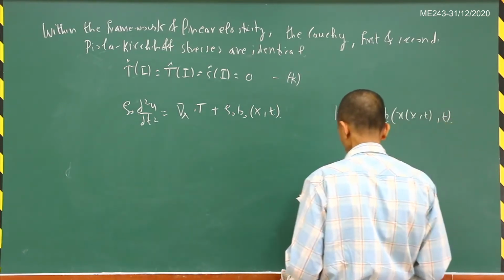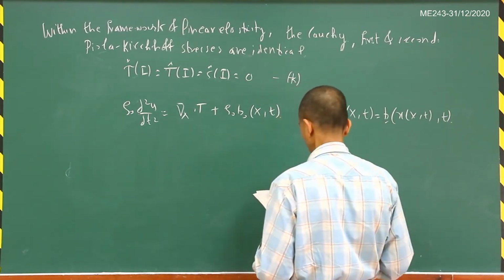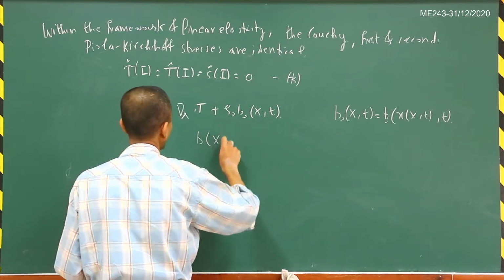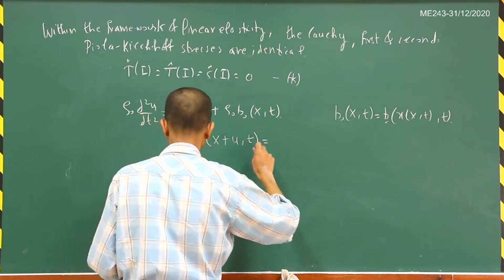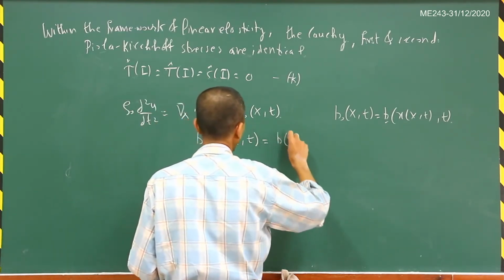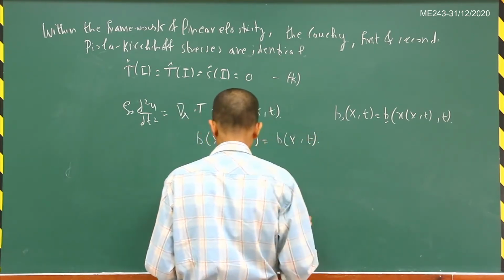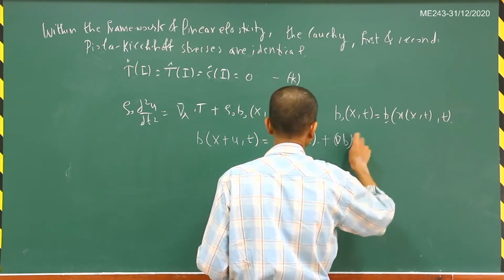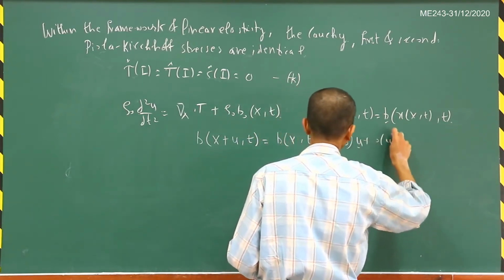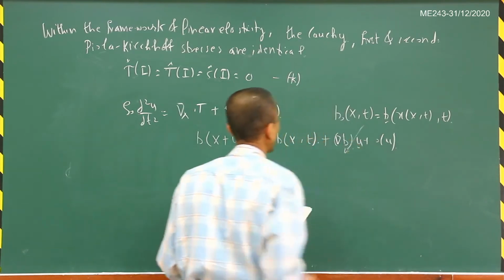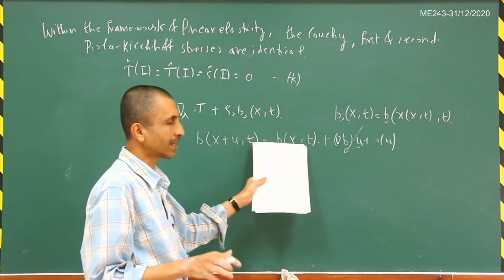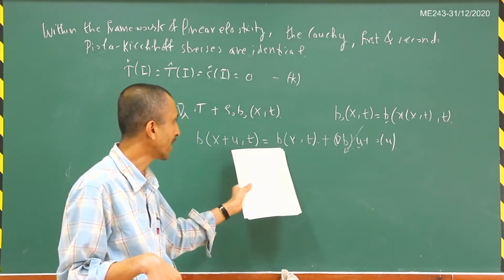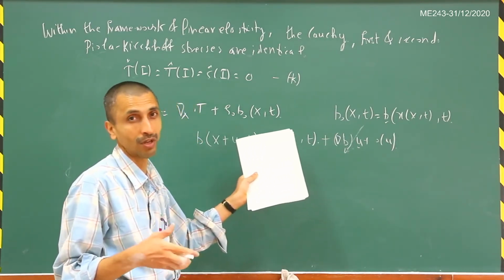And if you linearize this particular term, you will get b of x plus u comma t is equal to b of x comma t plus del b times u plus higher order terms. Then this term we are neglecting because, as I said, in the linearized case you will neglect this term, and so you will take the body force on the reference configuration.